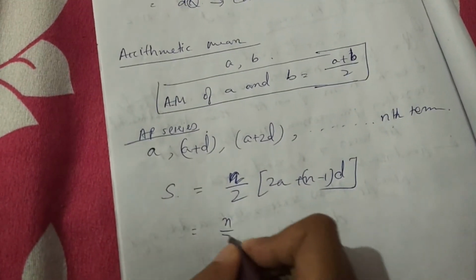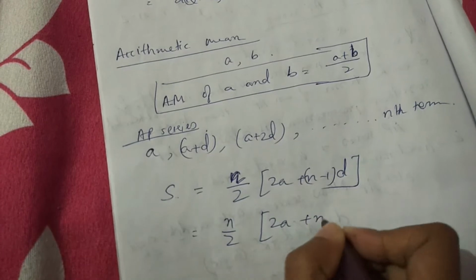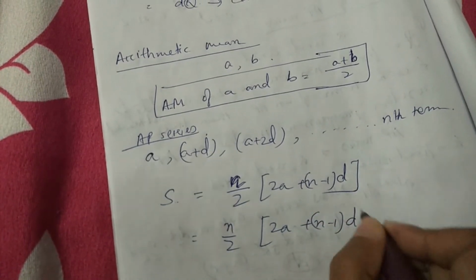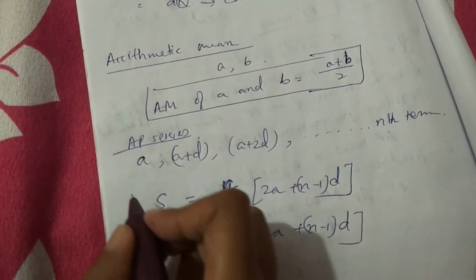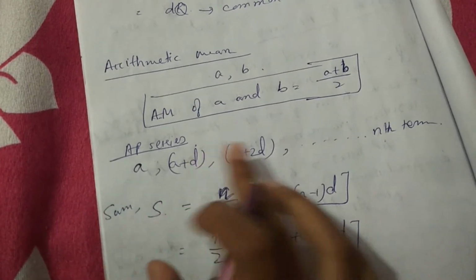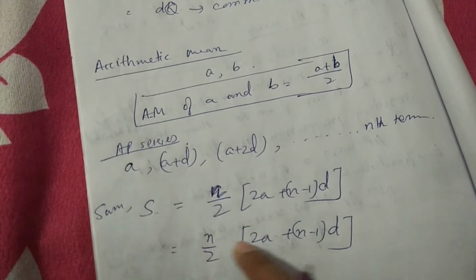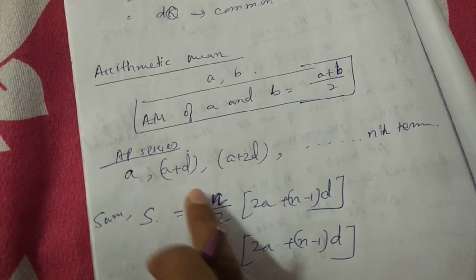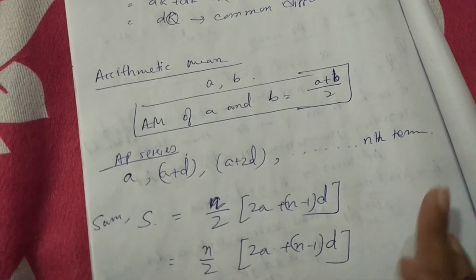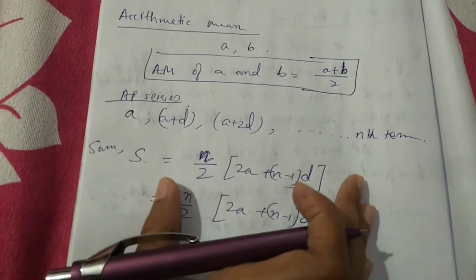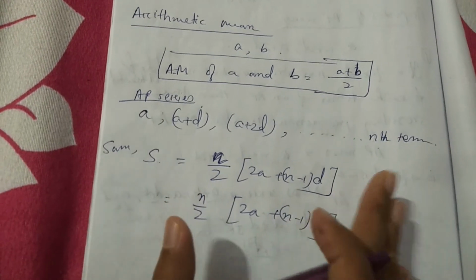This is the formula for the sum of the arithmetic progression. Here n is the number of terms, a is the first term, and d is the common difference, as I have already told you. So this is the formula for the sum of an AP series.